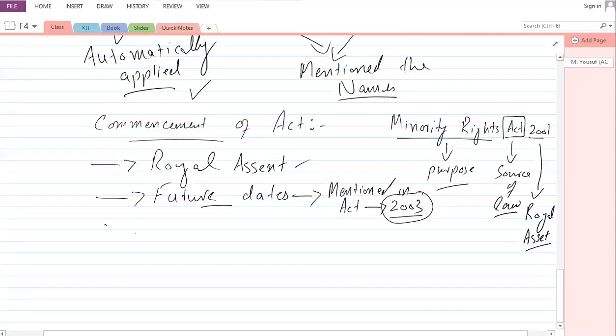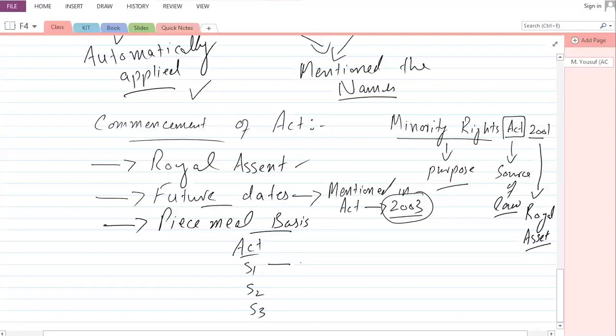Sometimes it is enforced on a piecemeal basis. Means different sections are created. For example, an act may have section 1, section 2, section 3.